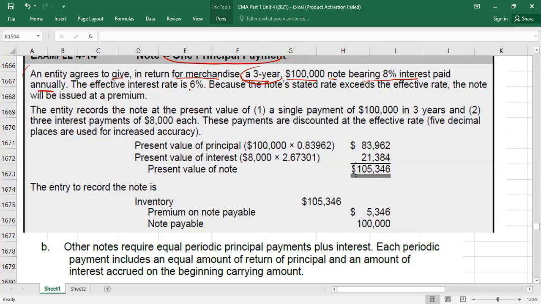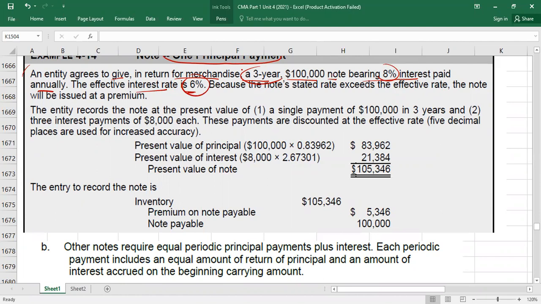It's similar to what you normally do for bond accounting. Stated rate is 8%, the bond is for 3 years, but the effective rate is 6%. This bond should be issued at a premium, and the premium needs to be amortized.